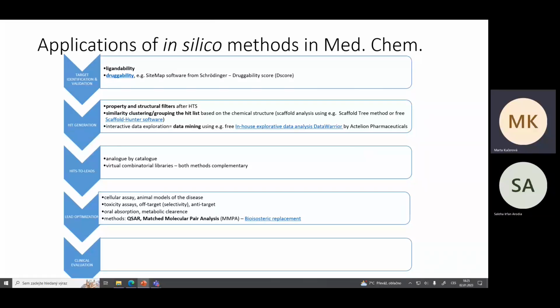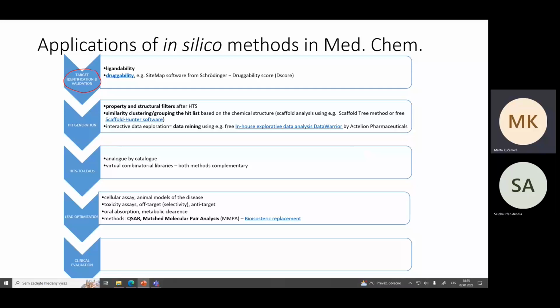Just to revise a little bit, what specific methods can be used? During the target identification and validation, we use so-called druggability assessment. For example, the company Schrödinger sells software for judging druggability of a protein.